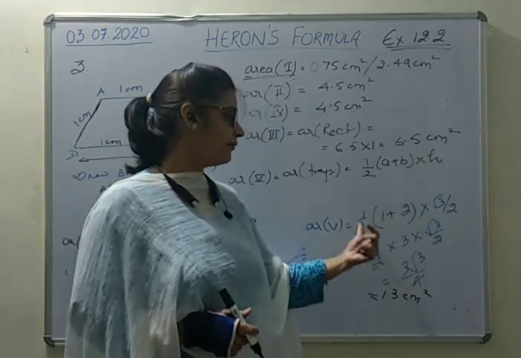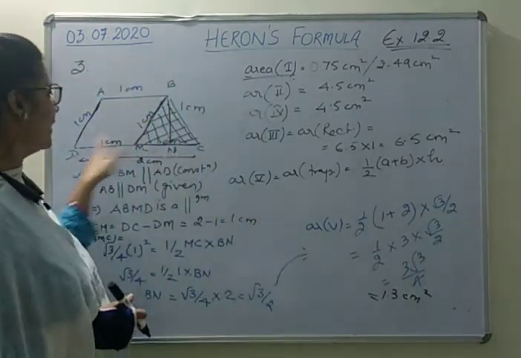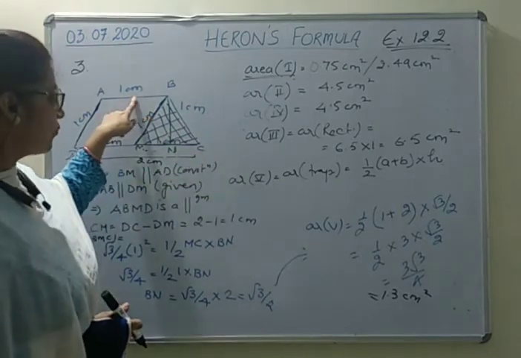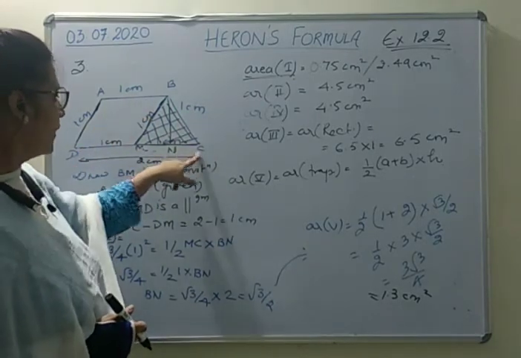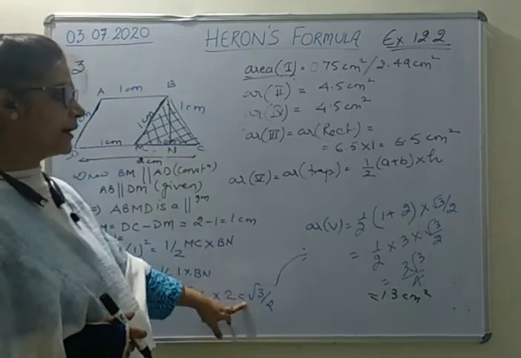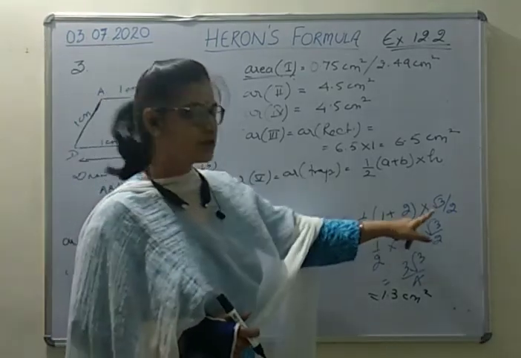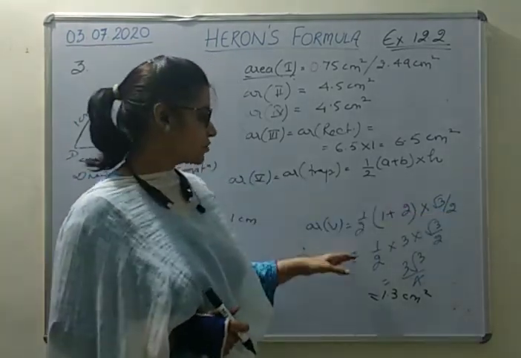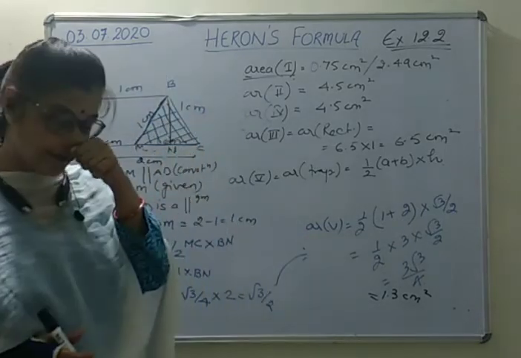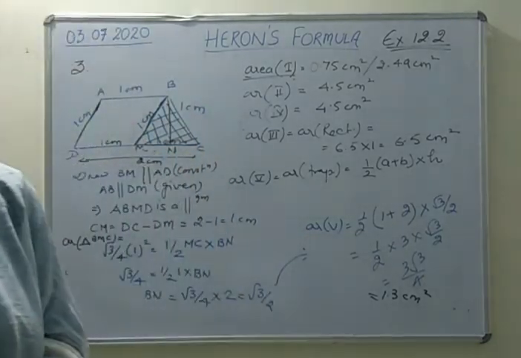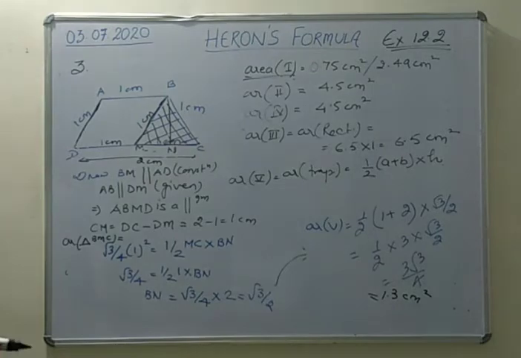So half, what are the parallel sides? AB and DC. So 1 plus 2. And what is the height? √3/2. So half 1 plus 2 into √3/2. So what is the area of the fifth portion? 1.3 centimeter square. I think this is clear to all of you.